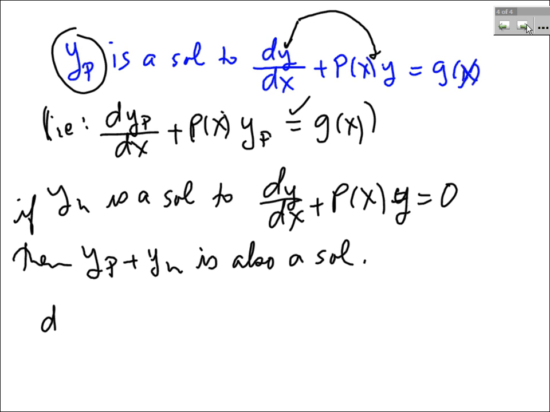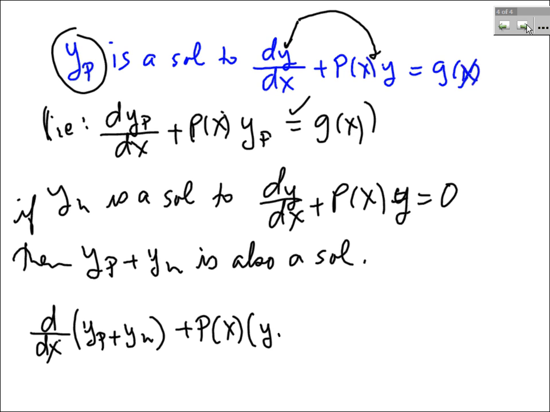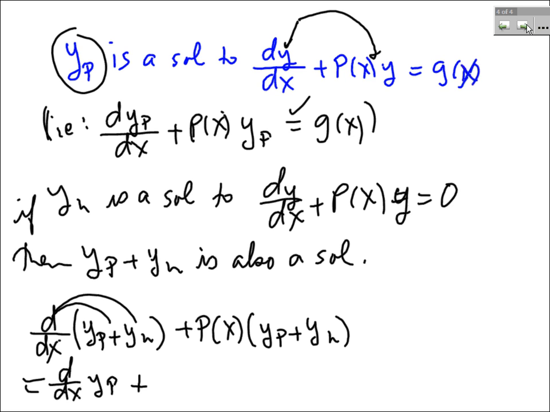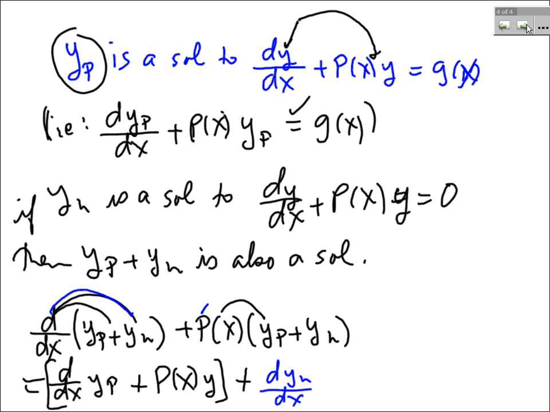And the reason is, you take the derivative with respect to x of yp plus yh plus p of x times y, which is yp plus yh. Well, the derivatives distribute. So you get the derivative of y sub p plus p of x times y sub p, I'll bracket that, plus the derivative of yh, dyh/dx, plus p of x times yh.